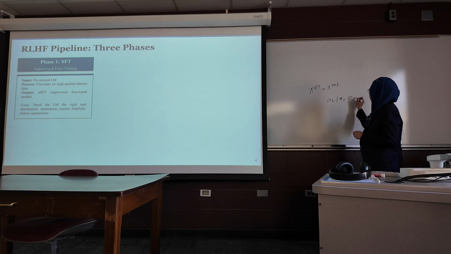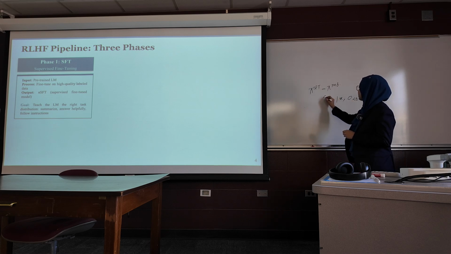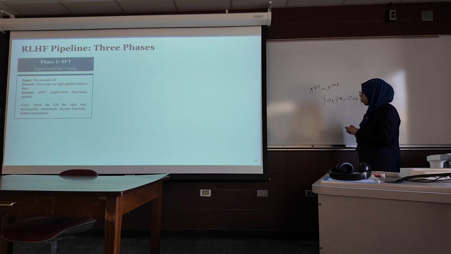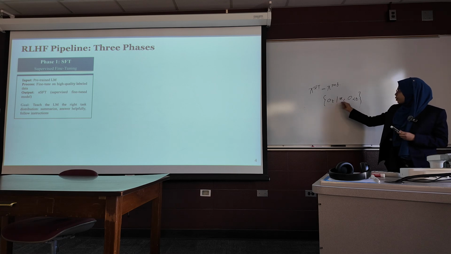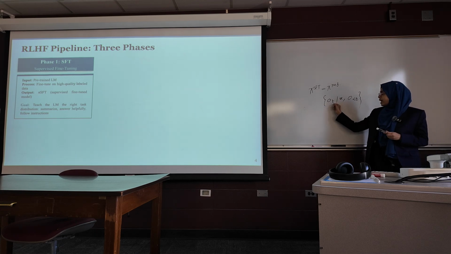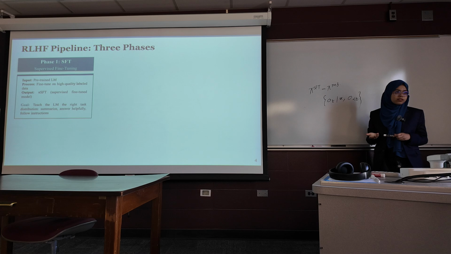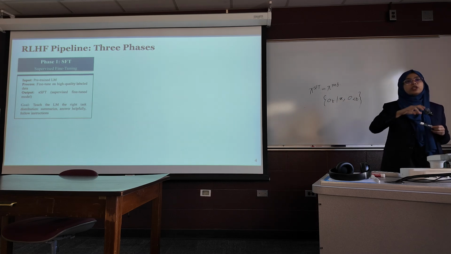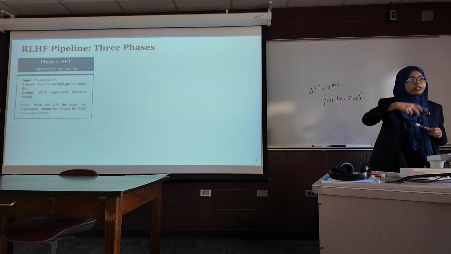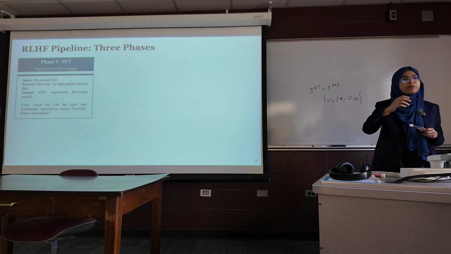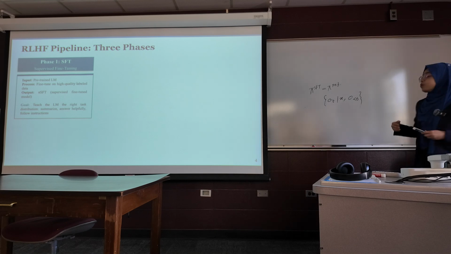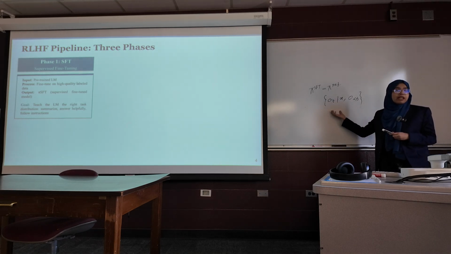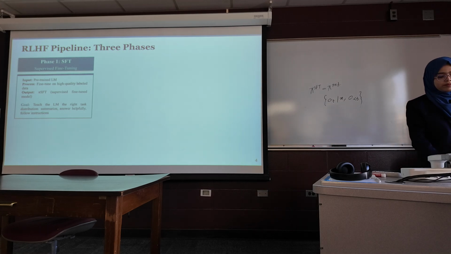O is the token, X is the prompt, t is the token at timestep t, and less than t is the previous tokens. You give the prompt and the previous tokens, and it's an autoregressive process: the language model predicts the next token. So you want to maximize the likelihood that the language model predicts the correct token. So this is the first phase objective.